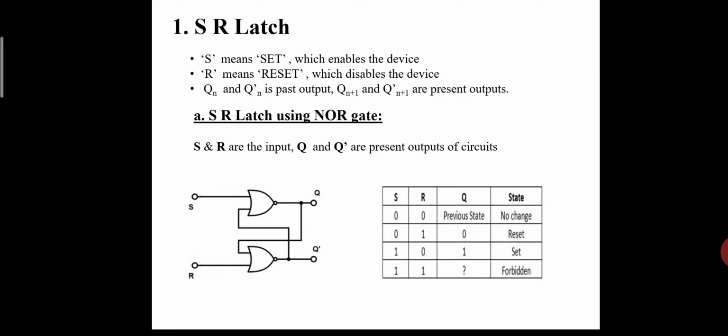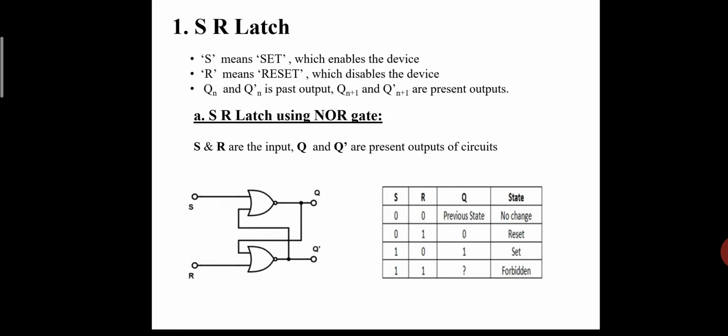So S means set, which enables the device by a logic 1, and R means reset, which disables the device. Qn and Qn bar are the past output states, and Qn plus 1 and Qn plus 1 bar are the present outputs of the circuit.